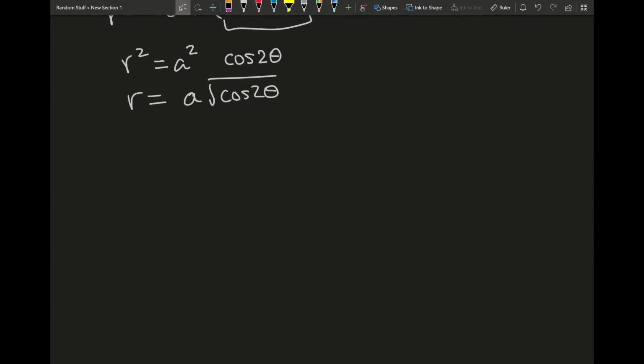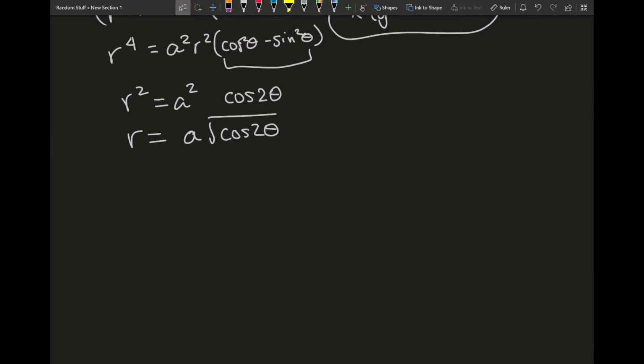And as you know, you can differentiate this. Actually, first you want to convert it to Cartesian again.